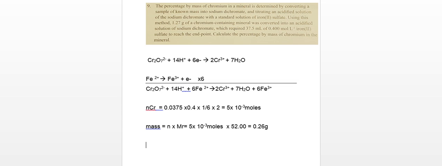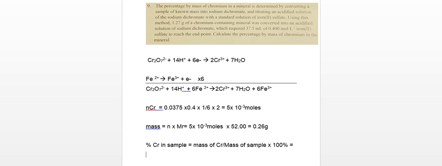Now we have all the pieces we need to do our percentages. We can say then that the percentage of chromium in sample equals mass of chromium divided by mass of sample and multiplied by 100% because it's a percentage.